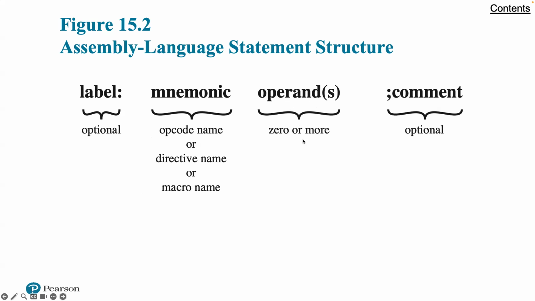It can be one or more registers, or it could be a value like an immediate. So you're going to load into a certain register, and you load 10 into a certain register. We saw that in the Mars MIPS emulator we use. And finally, this is a real important part. It's optional, but I would recommend that you don't leave those out.